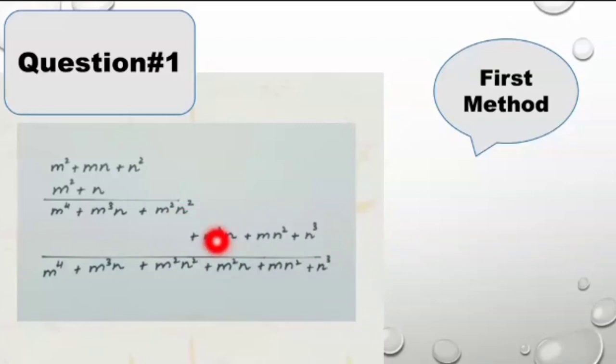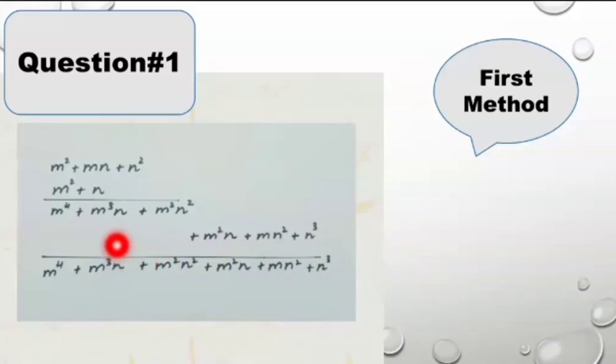If a like term comes in this multiplication, then we will write that like term under the like terms. But here there is no like term, so we will write it at the side. Now multiply n by mn. The product will be mn square. Again, there is no like term, so we will write it at the side. Now multiply n by n square, the product will be n cube.